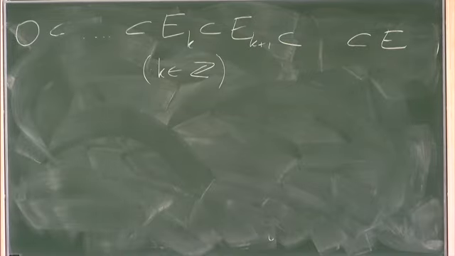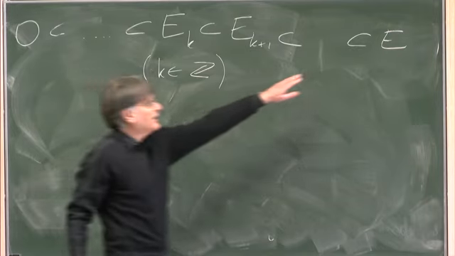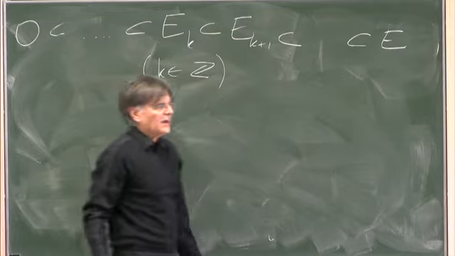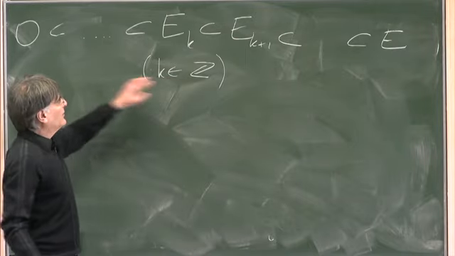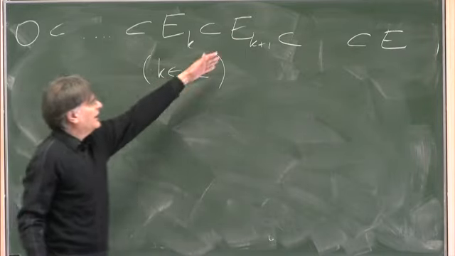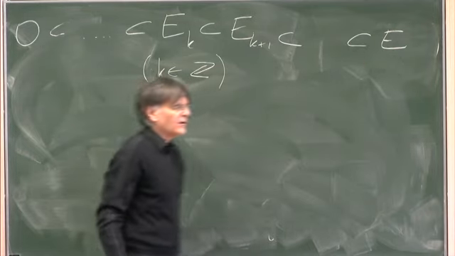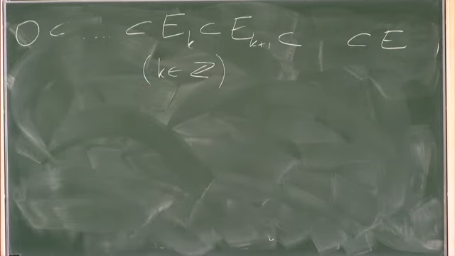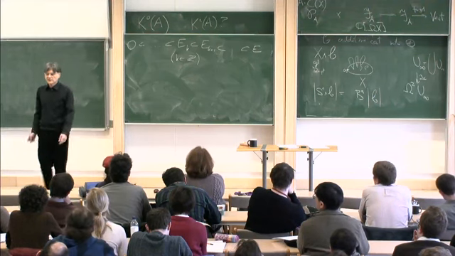Well, let's begin with a really simple case. Imagine this thing is a finite dimensional complex vector space, and so this is really just, although I'm grading it by Z, for sufficiently large k we've just got E, and for sufficiently small k we've got 0. There are only finitely many steps.